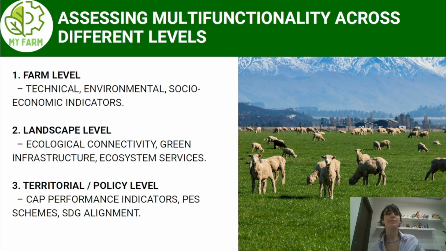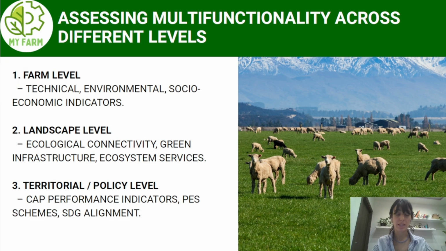And at the territorial level, we look at policy outcomes, incentives, and contribution to the sustainable development goals. Only by integrating these three scales can we fully understand multifunctionality and guide sustainability transitions.